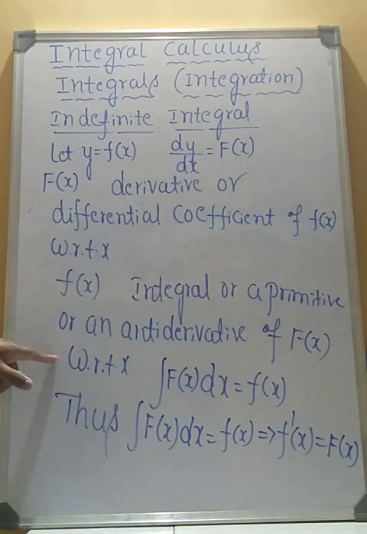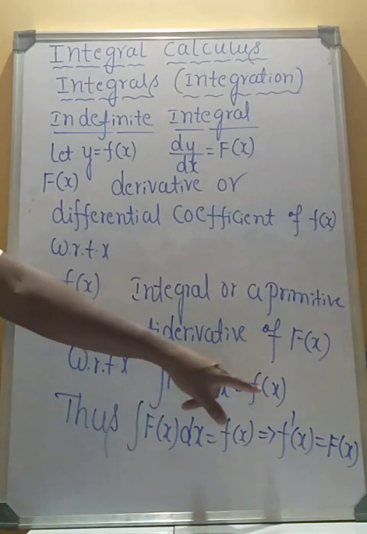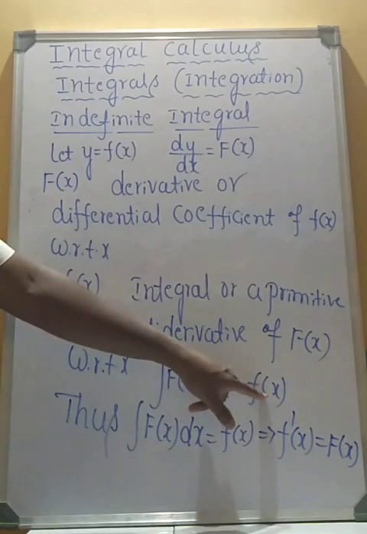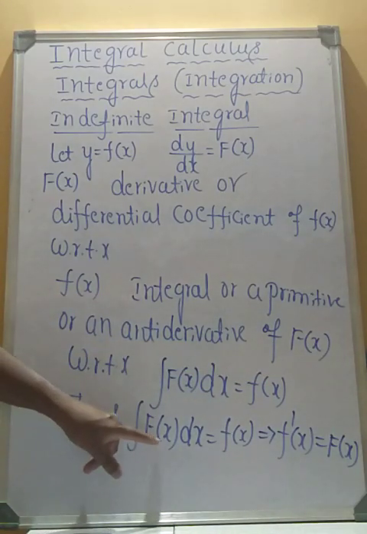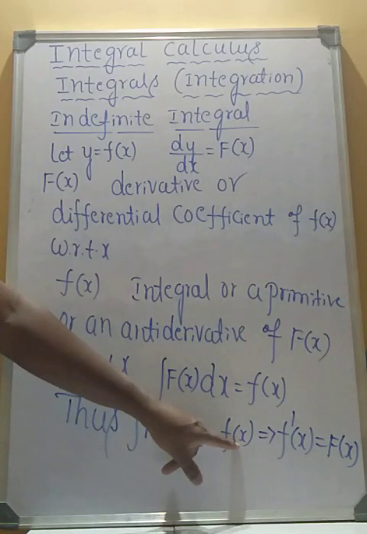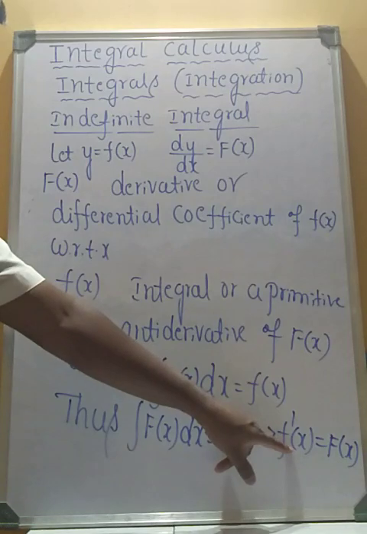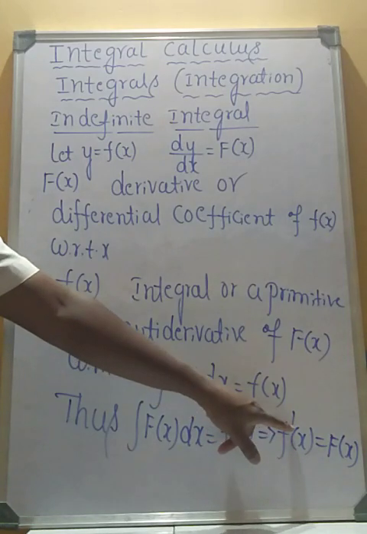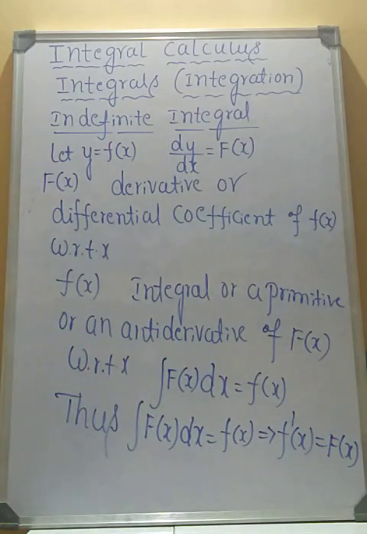This is denoted by integral of capital F of x into dx is equal to small f of x. Thus, integral of F of x into dx is equal to small f of x. This implies, differentiating with respect to x, f dash of x is equal to capital F of x.